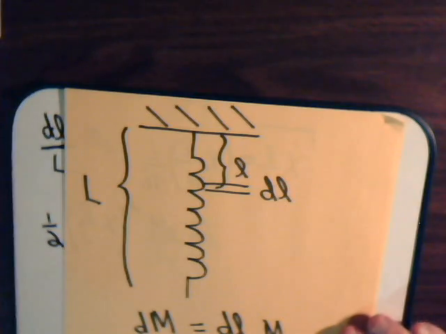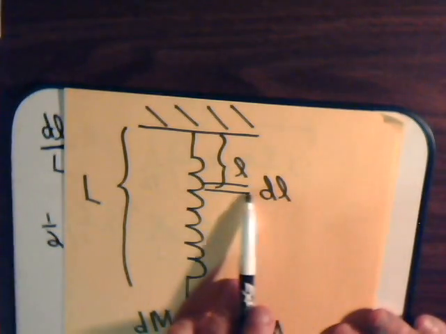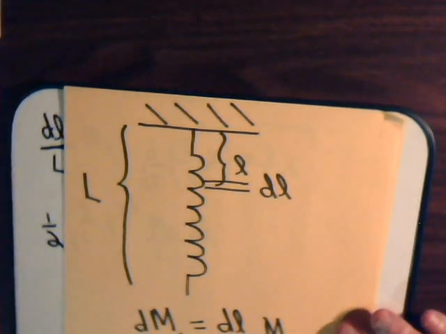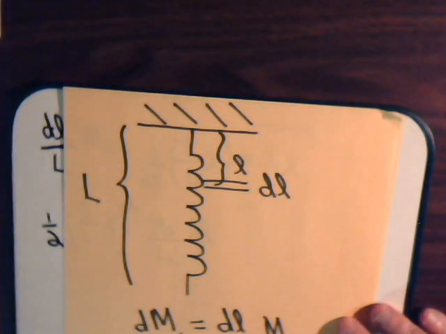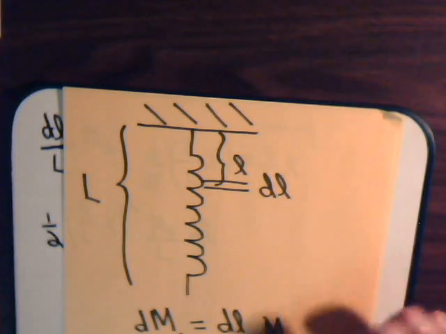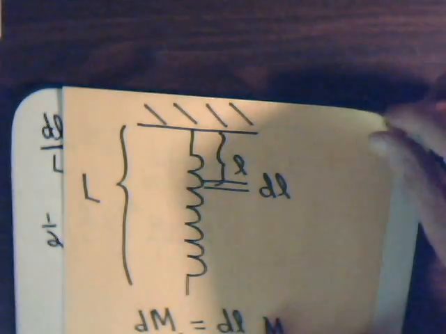But of course, we don't want to know just the differential kinetic energy. We want to determine what is the kinetic energy of the entire spring. So we'd have to add all these up by doing the integration.